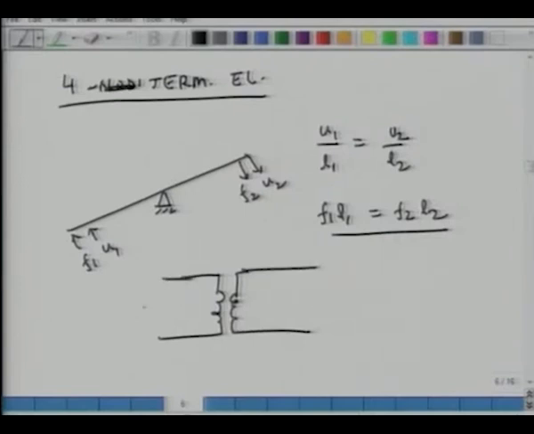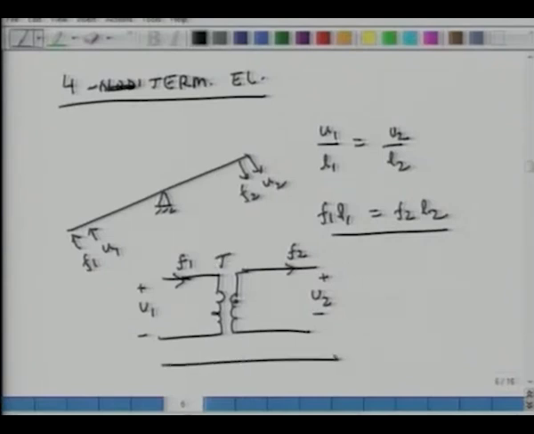So here it will be U1 plus minus, this is the through variable, this is the second through variable U2, and this is my turn ratio. This is the ratio of the lengths I can put.